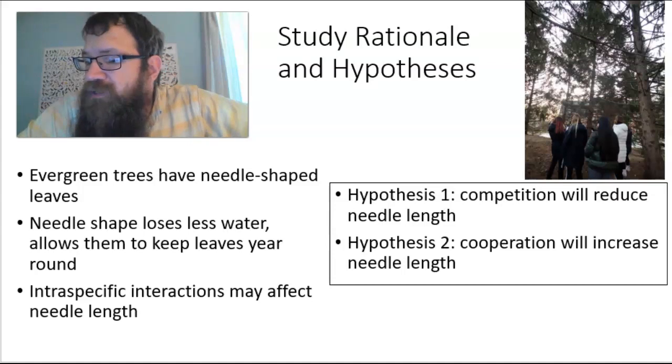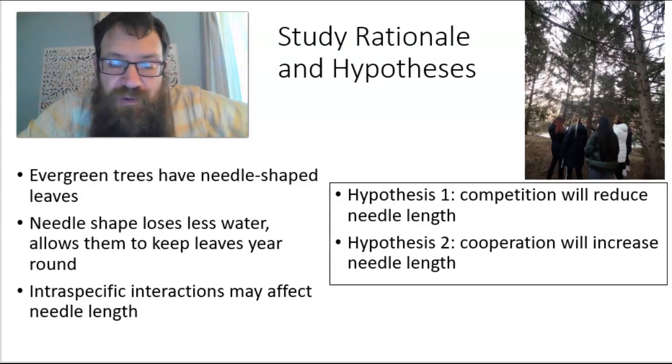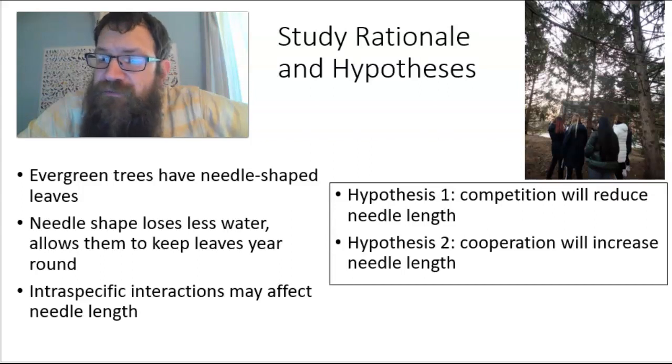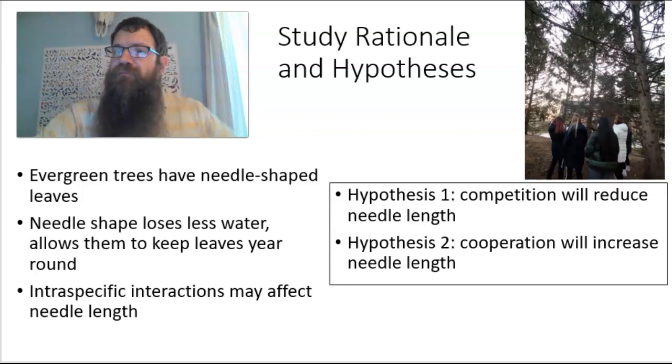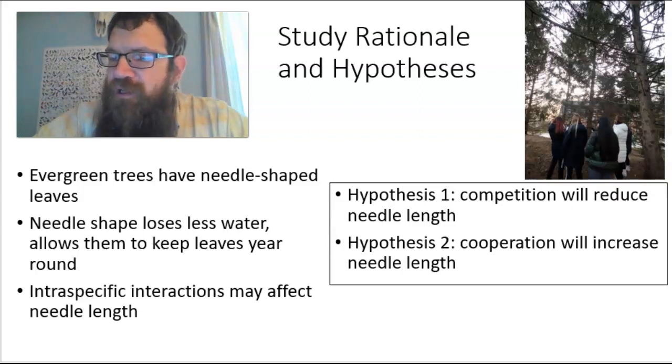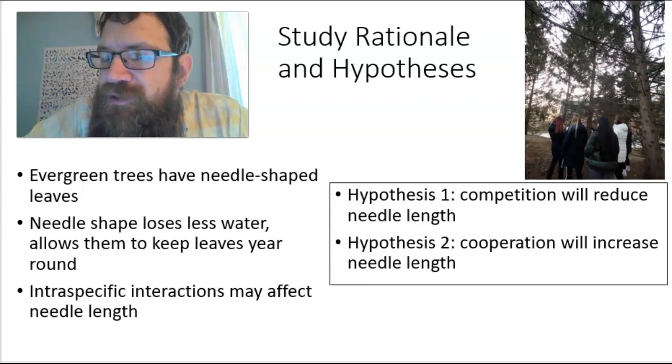We could also imagine that there could be below ground cooperation taking place. So things like the mycorrhizal fungi, this fungus that lives underground and helps trees capture nutrients and water from the soil, that trees that are in a stand close together might have more of those fungi all working together. You might have, again, an increase in resources and an increase in needle length.